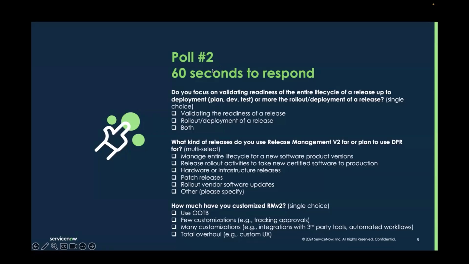So real quick, while you're answering, there was one question that's come in that I'll show a little bit more later on, collisions with change and the CMDB. Right now, we are leveraging the CMDB much closer with digital product release, but change is still used for collision detection. So change conflicts are primary.